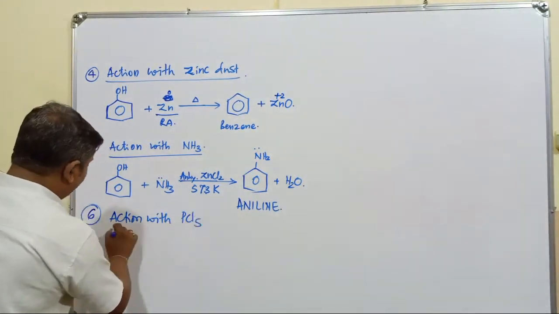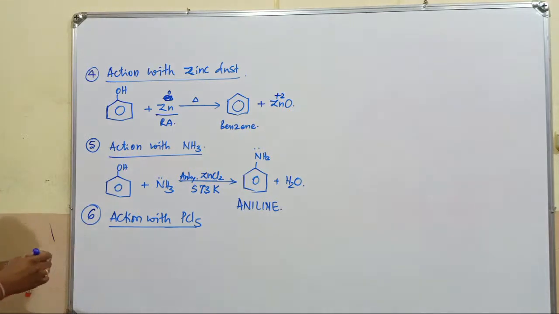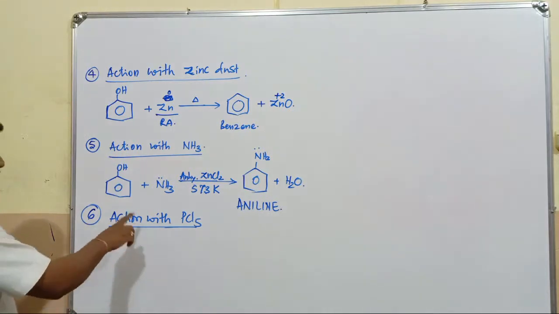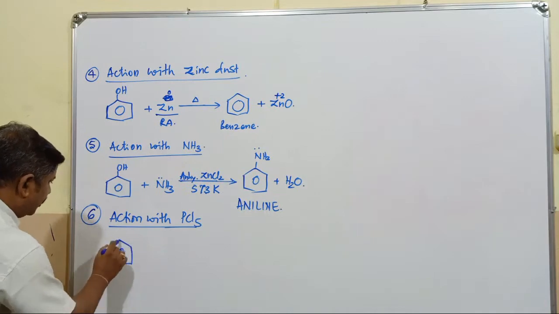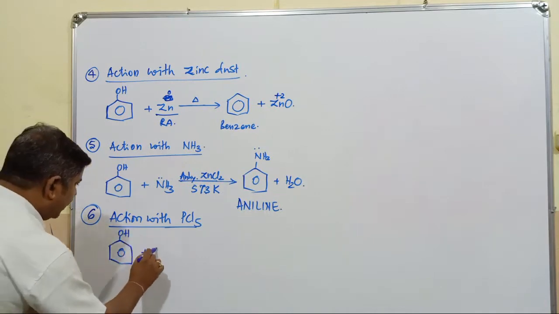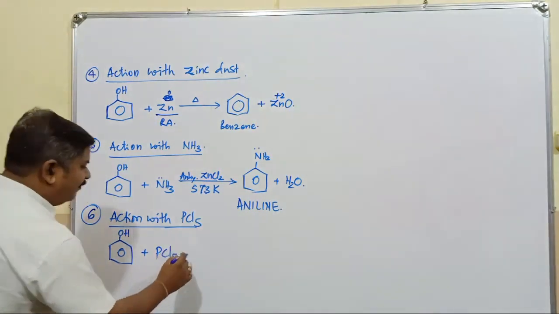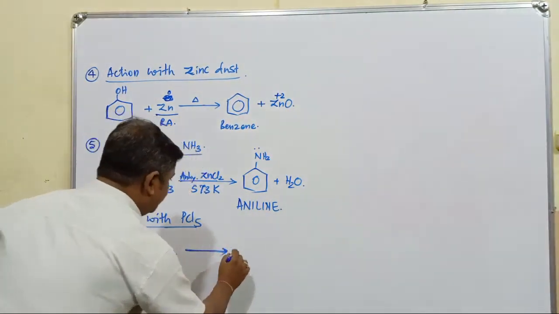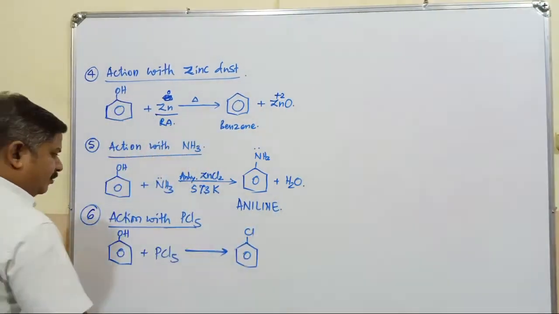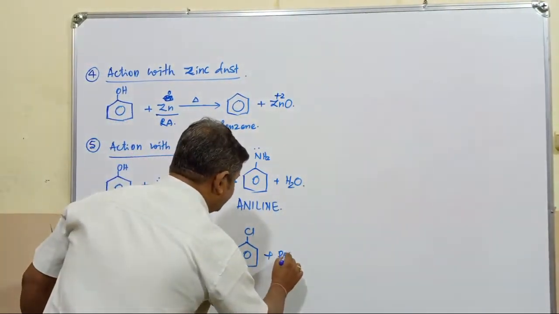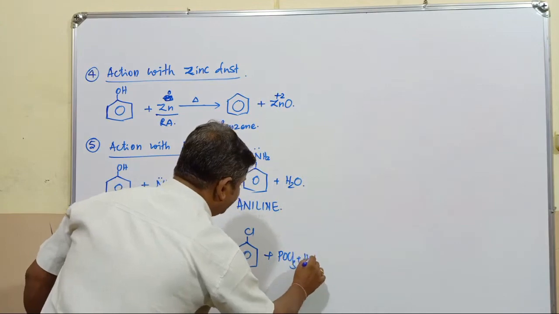The sixth one you can consider is the reaction with PCl5. What is the name of PCl5, students? Phosphorus pentachloride. How does phenol react with phosphorus pentachloride? Phenol is treated with PCl5, and the compound produced is chlorobenzene, plus POCl3 and HCl.